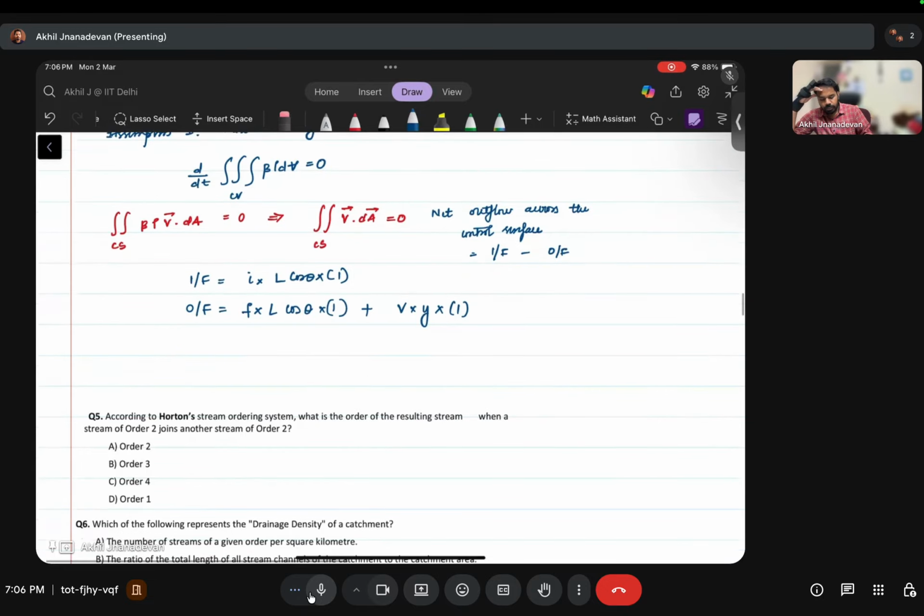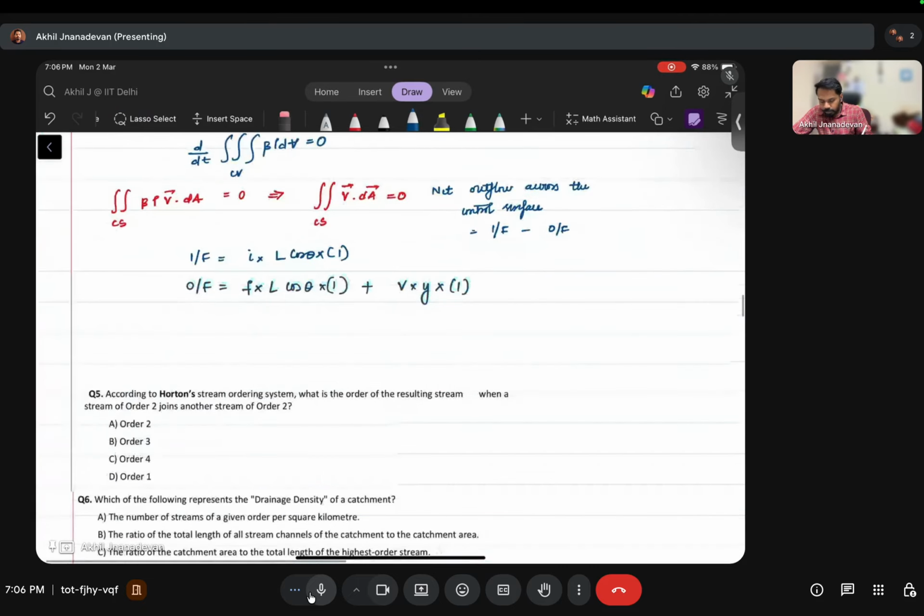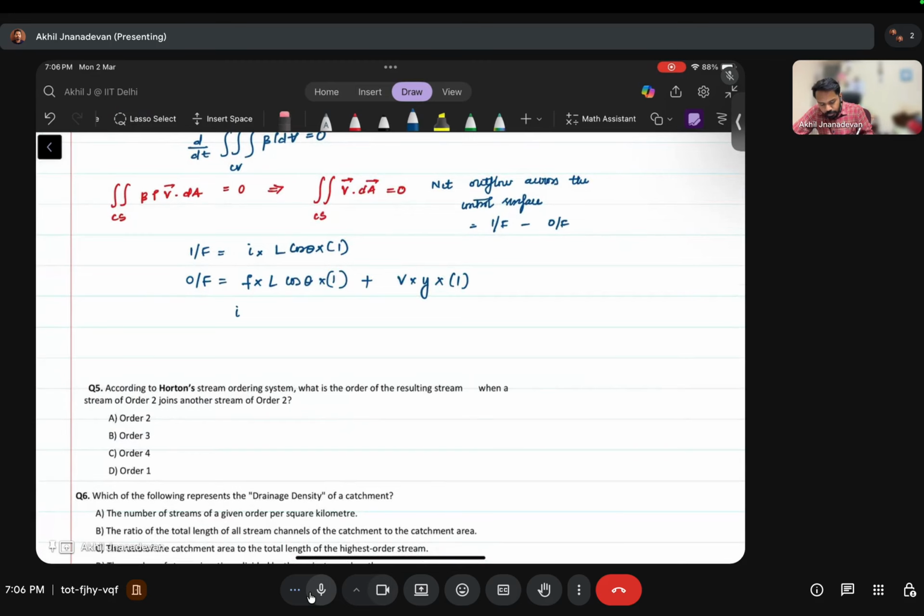So the net outflow, if you take the difference, is I minus F, L cos theta, equal to V into Y, right?